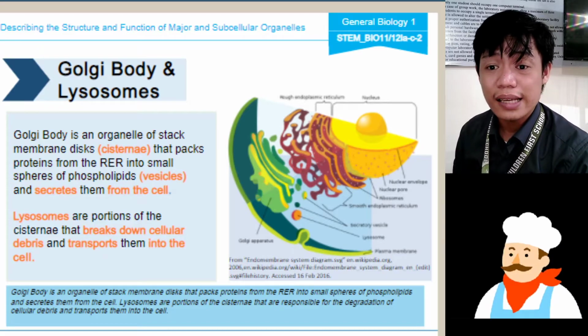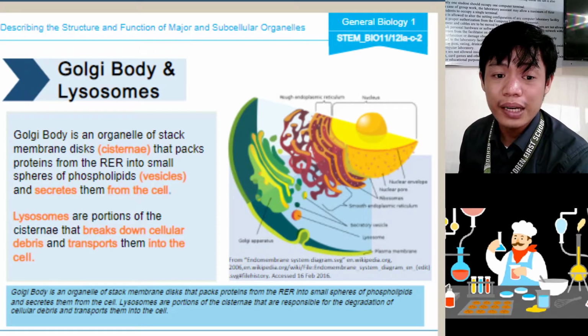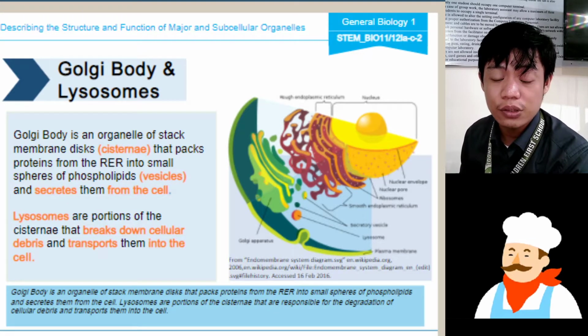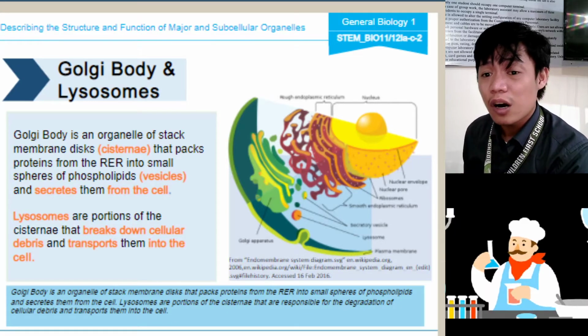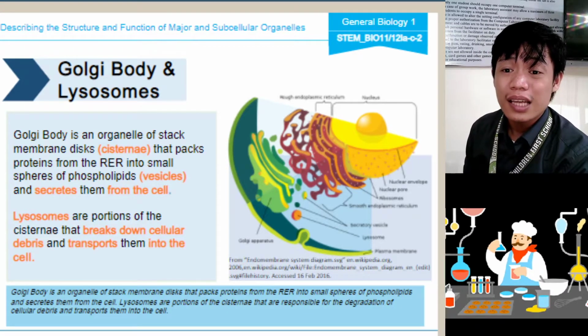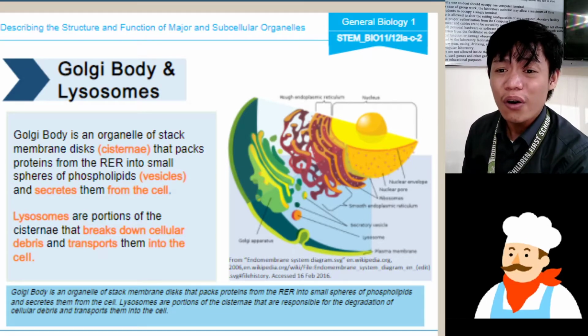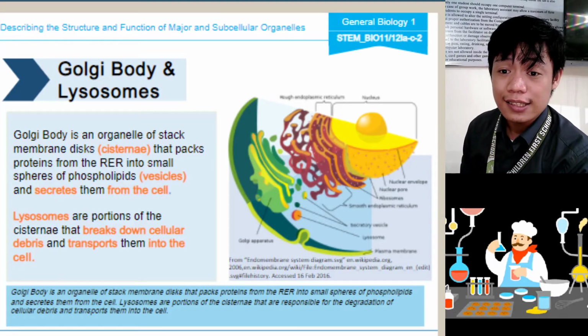So next is the lysosome. Lysosomes are portions of the cisternae that break down cellular debris and transport them into the cell. Lysosome is commonly called the suicide bag of the cell, because they engulf foreign bodies that enter the cell itself.